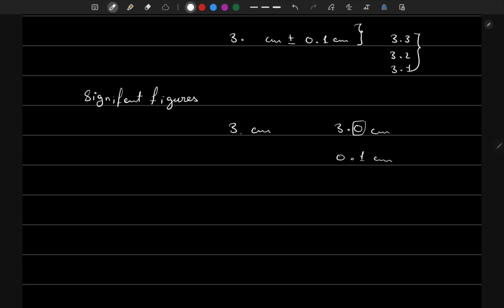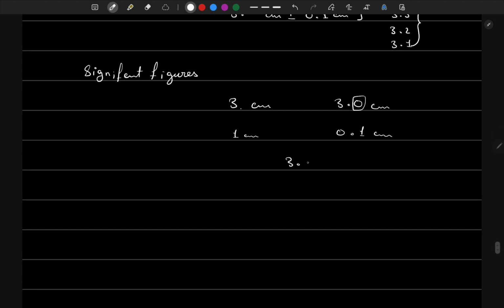But if I have just 3, then I know that the smallest unit is 1 centimeter. If I have a measurement that is written like this, 300 centimeters, then I know that the smallest unit of measurement in this device is 0.01 centimeters, and so on. We can use this now to know the rules of significant figures.